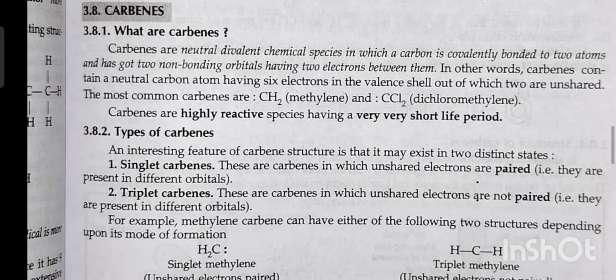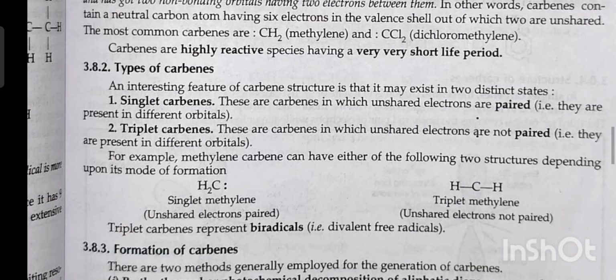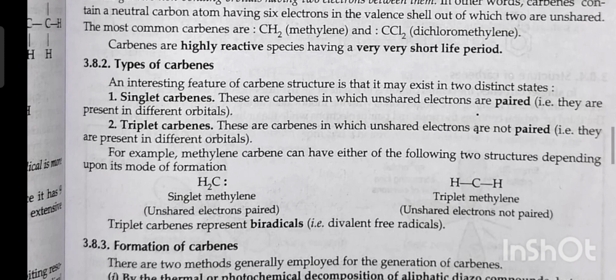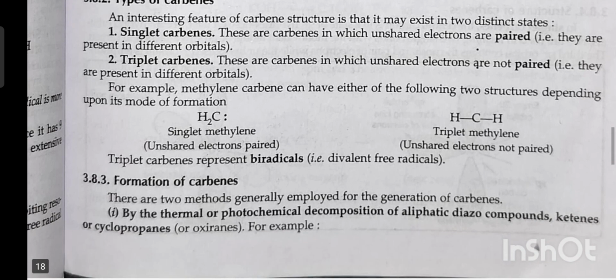Types of carbene. An interesting feature of carbene structure is that it may exist in two distinct states. First, singlet carbene. These are carbenes in which unshared electrons are paired such that they are present in the same orbital. Second, triplet carbene. These are carbenes in which unshared electrons are not paired, such that they are present in different orbitals.